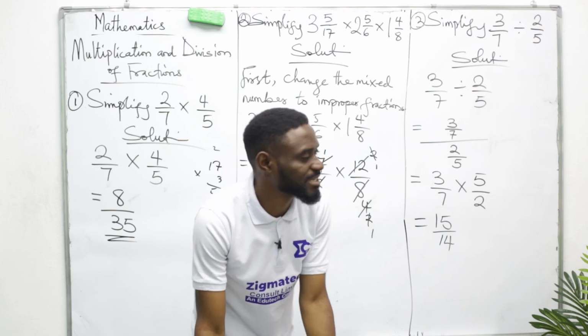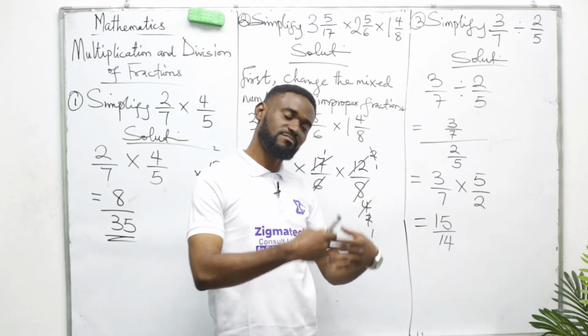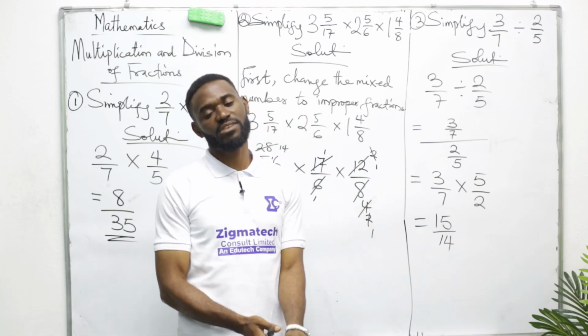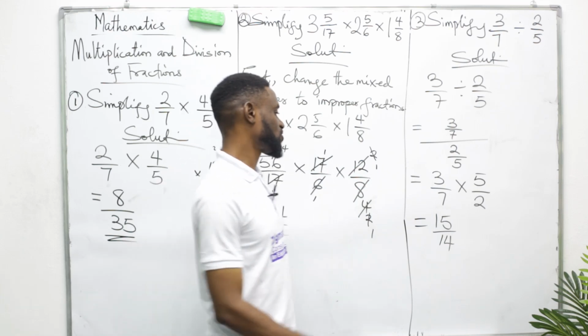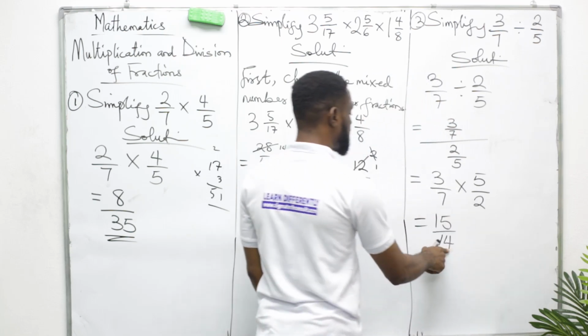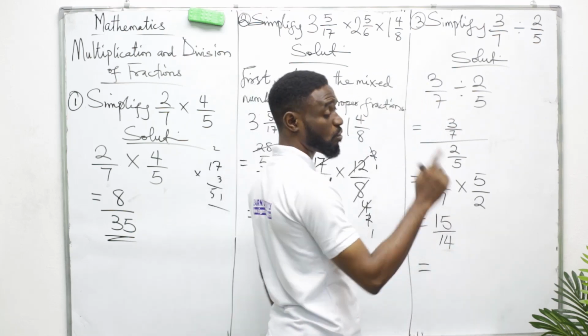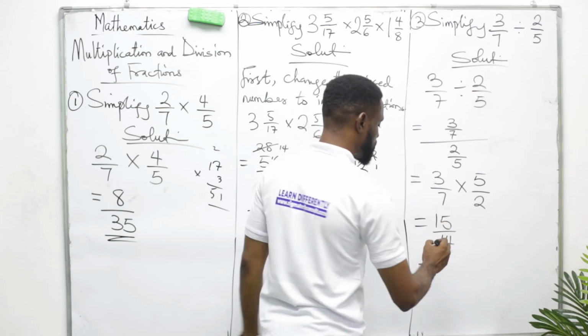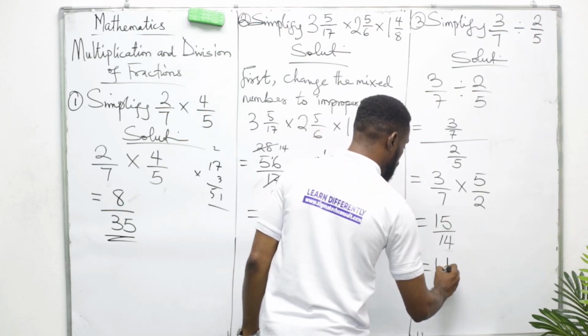So the final answer must be in mixed fraction. So we have to put this in mixed number. 15 divided by 14 will go once, because 14 over 14 is 1. So we have one whole number, 1 over 14.